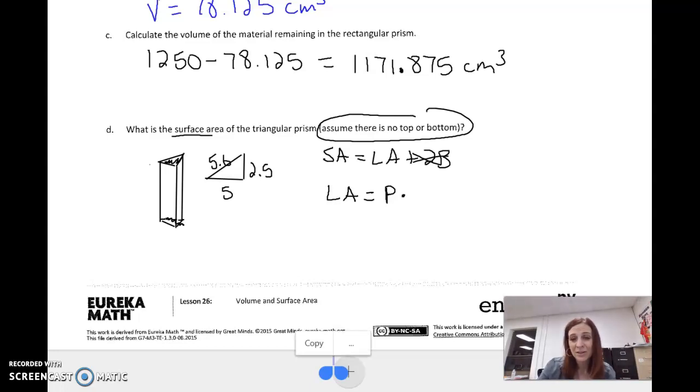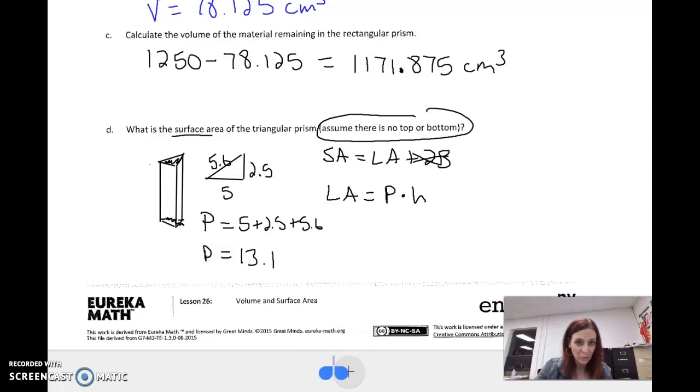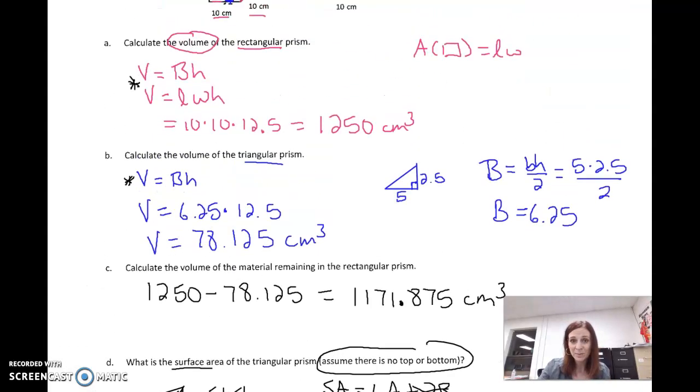So that's the perimeter times the height, the distance between the bases. So our perimeter here, just add them all up. 5 plus 2.5 plus 5.6. Okay. Calculator. Type the correct numbers in, it helps. Okay, and I get 13.1. So my perimeter is 13.1 times my height, the distance between the triangles.